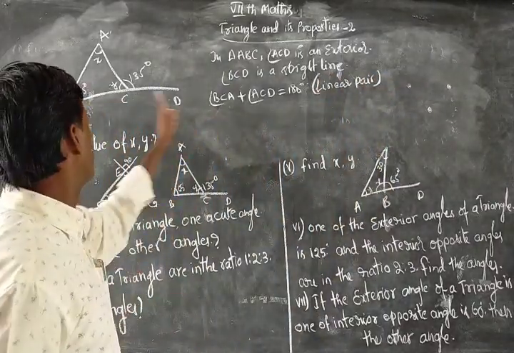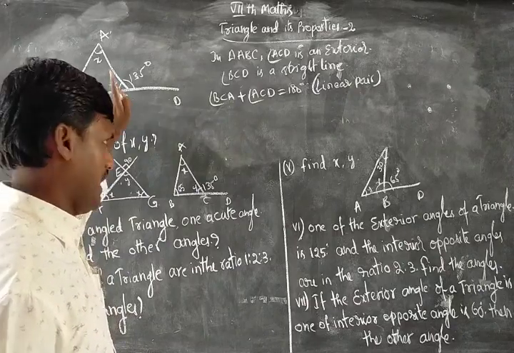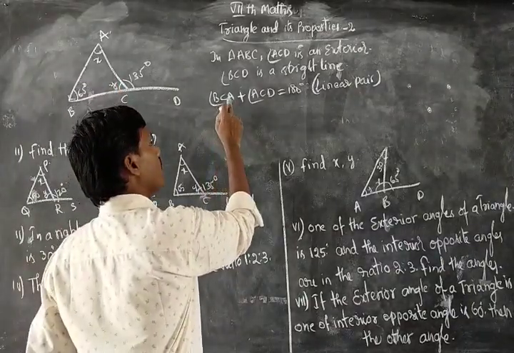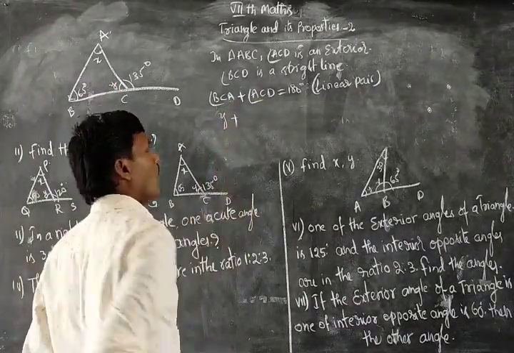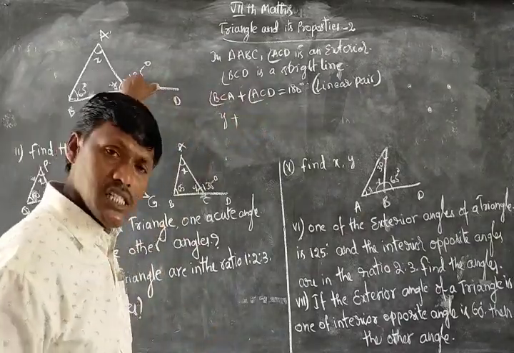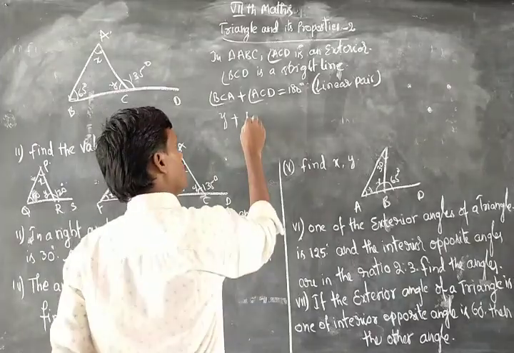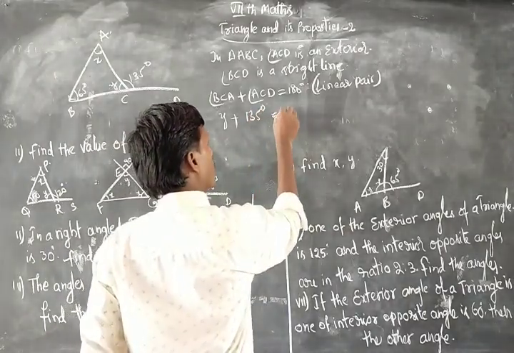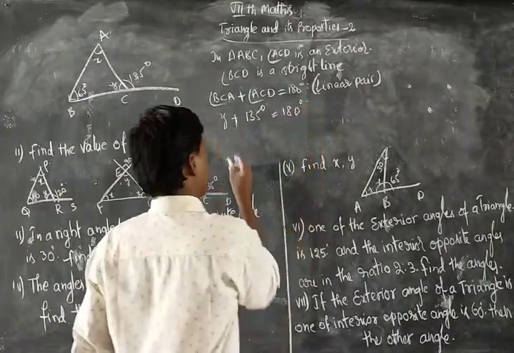Angle BCA is y degrees, and angle ACD is 135 degrees, so y plus 135 degrees is equal to 180 degrees.